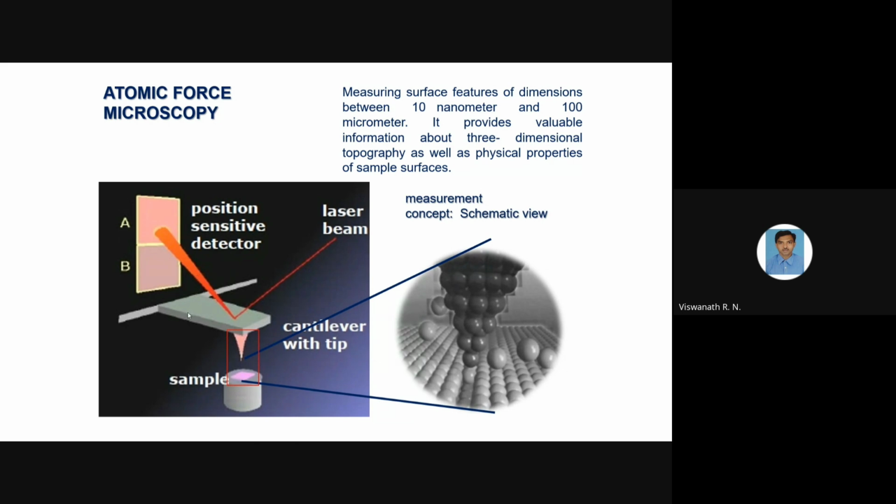If the sample contains some dust or defects, the force which we initially fixed will vary. That variation of the force is measured as a negative or positive force. Then it gives feedback to the circuit.